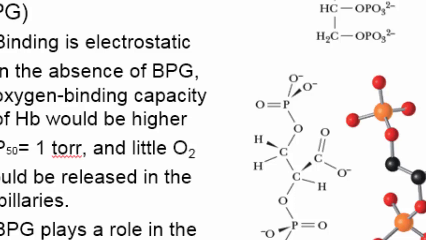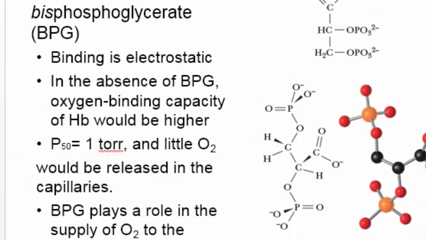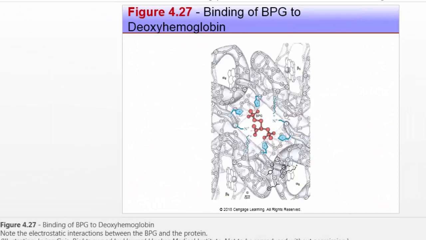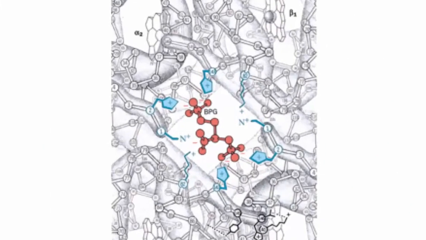Fetal hemoglobin has a higher affinity for oxygen than adult hemoglobin. Here, if you look at this figure, which shows us the binding of BPG to deoxyhemoglobin, note the electrostatic interaction between the BPG and the protein. And here you see the positively charged R groups of basic amino acids.